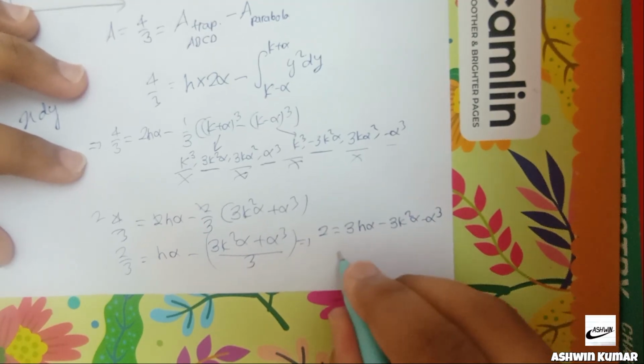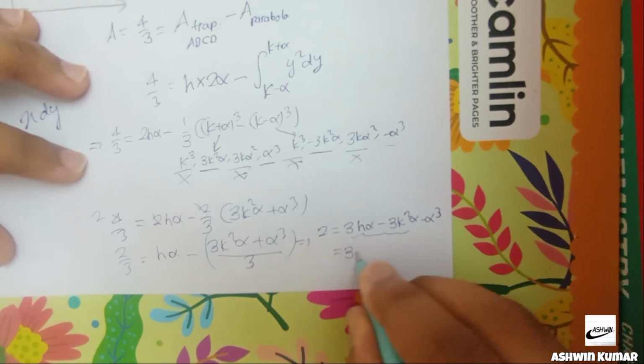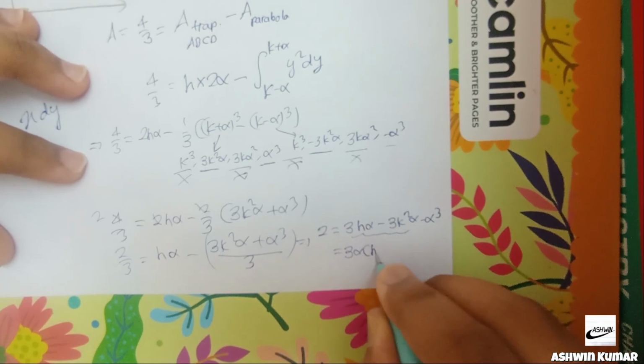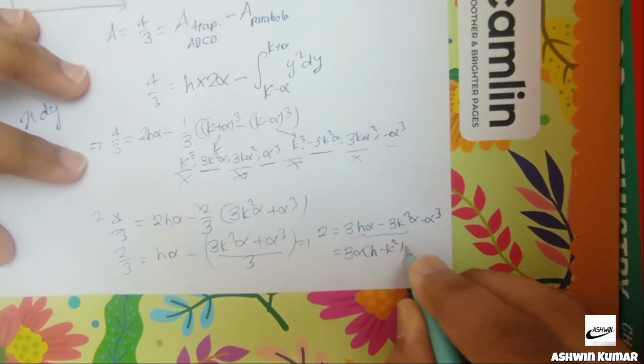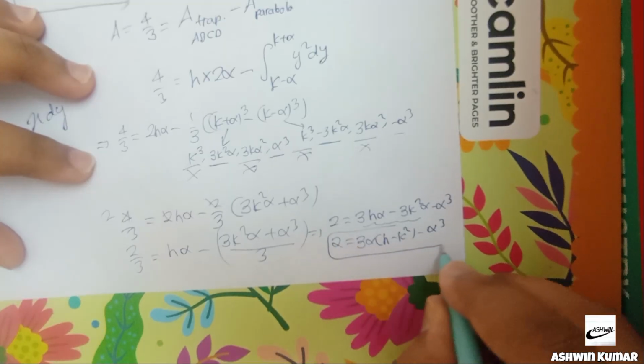Taking 3 alpha common, it is 3 alpha times (h minus k square) minus alpha cube, which is equal to 2. So this is the equation we have got.